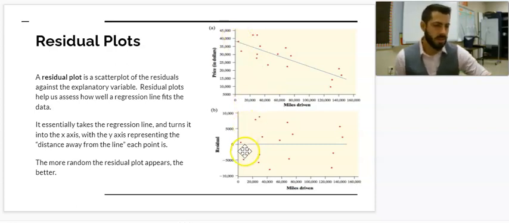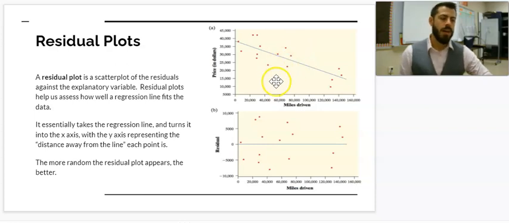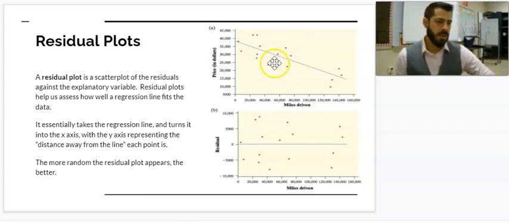So it makes the least squared regression line the x-axis, and then it plots each one of these points on top of that chart vertically, so you can see just how far away each of the dots are from the line. It basically just graphs the distance away from the line each point is, right?